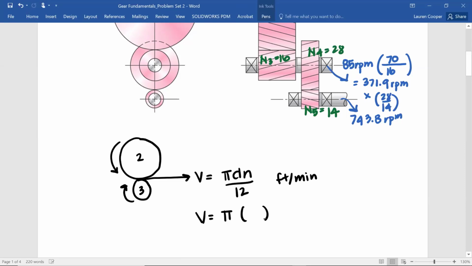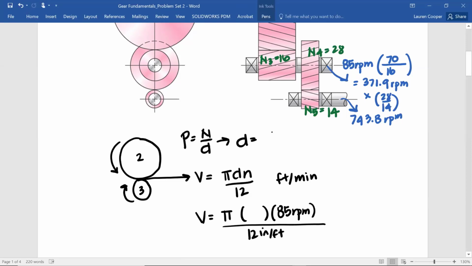So we're going to figure out the pitch diameter of 2 in a second. The speed is 85 RPM, 12 inches per foot. So to figure out the pitch diameter of 2, we use diametral pitch equals the number of teeth divided by d. So d equals n over p.